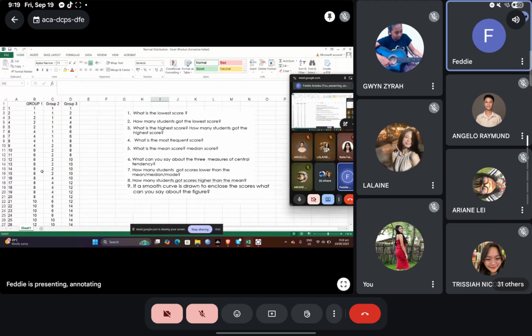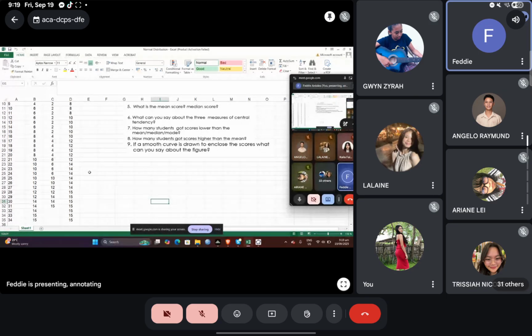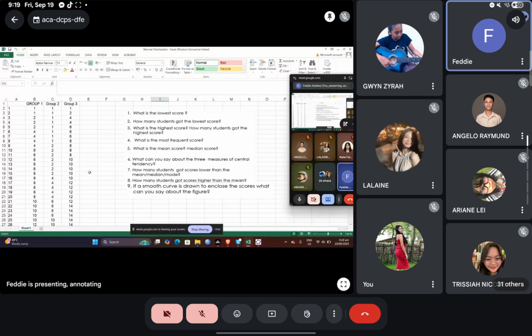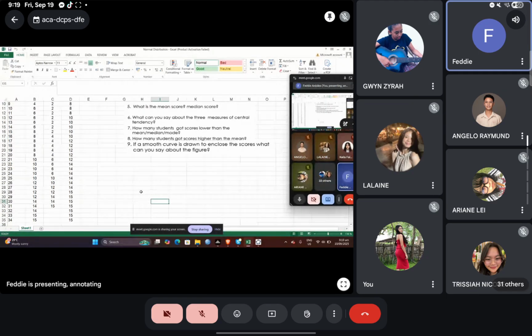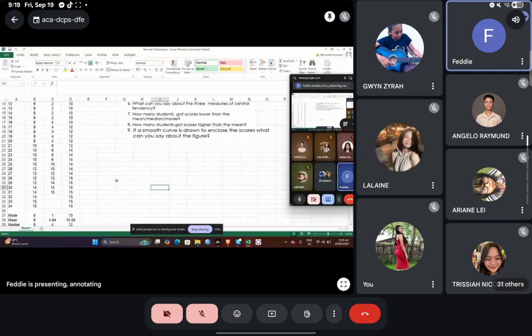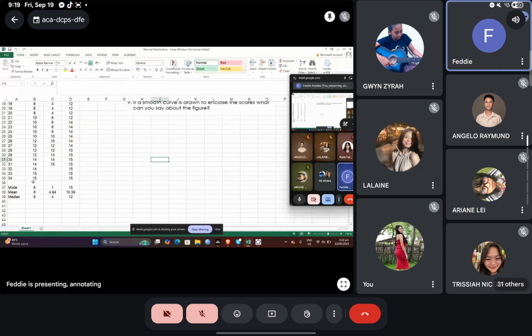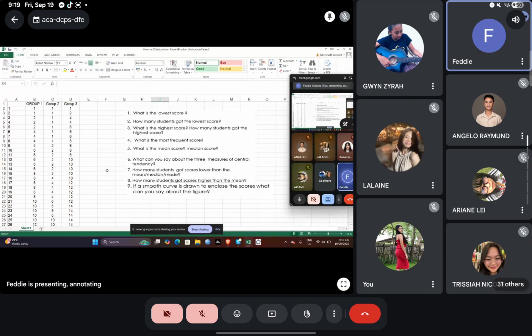As you look at the data, it is already arranged from the highest to the lowest. Group one has 34 data points or students, group 2 has 32, and group 3 has 34, with the following scores.